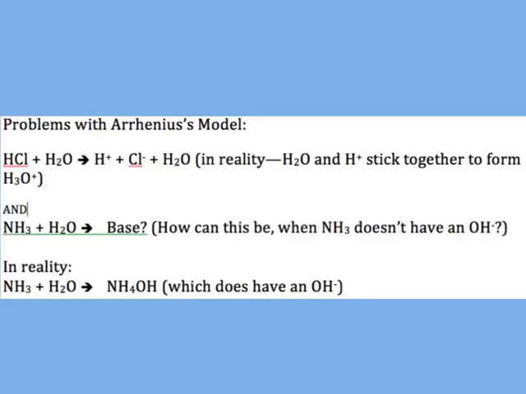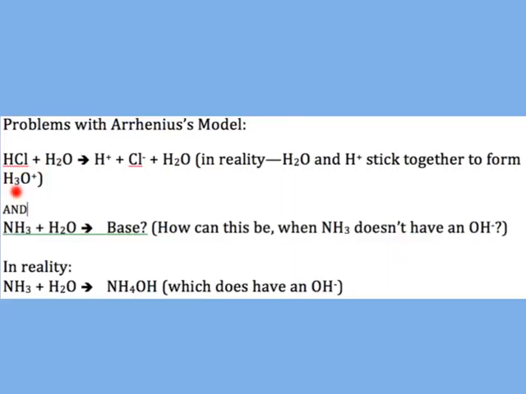First of all, when acids dissolve in water, like in this picture here, you can see what the dissociation equation would look like. So HCl, hydrochloric acid, plus water would give you H+ Cl- plus H2O, right? Well, not exactly. We can represent it that way, but in reality, because water molecules are polar, the water molecules and the H+ ions, which are essentially just protons, stick together to form a compound called hydronium ion, H3O+.